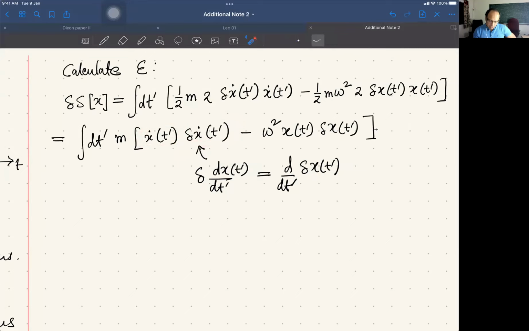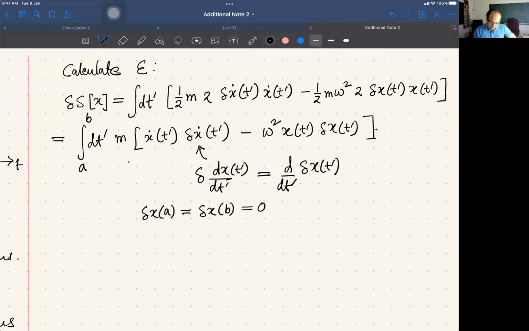The first term, the total time derivative, goes to the boundary. If you calculate this from A to B, which are the boundary points, your variation vanishes at these boundaries. So you take delta x at A equal to delta x at B equal to 0.